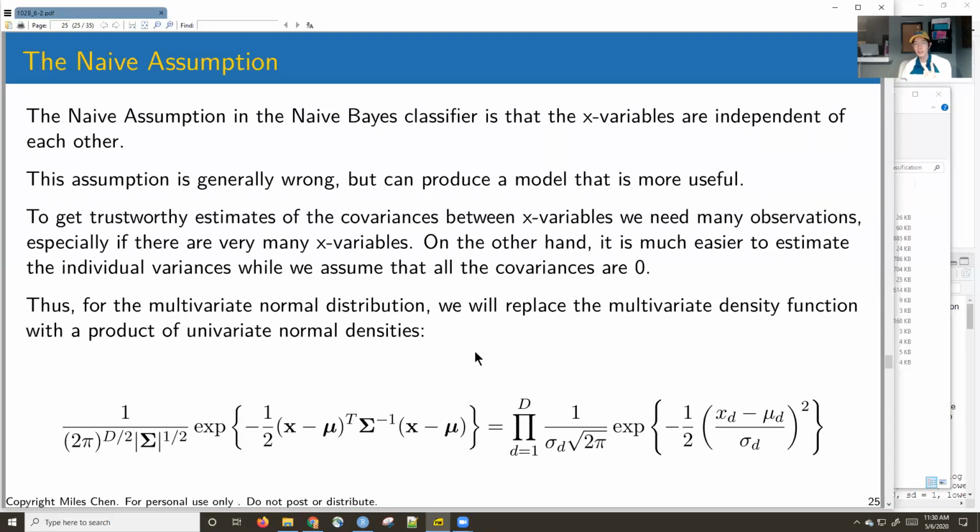So if you have two variables and they're independent, there's only two variances that you need to calculate: the variance of variable 1 and the variance of variable 2. But if you say they're dependent, then you have a matrix and there are 3 unique values to calculate: the variance of x1, the variance of x2, and the covariance of x1 and x2.